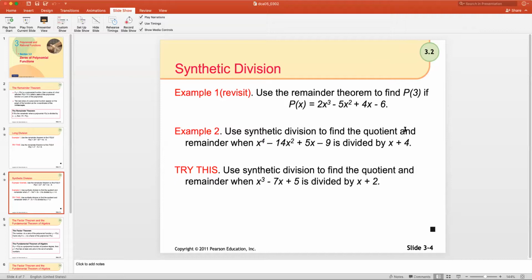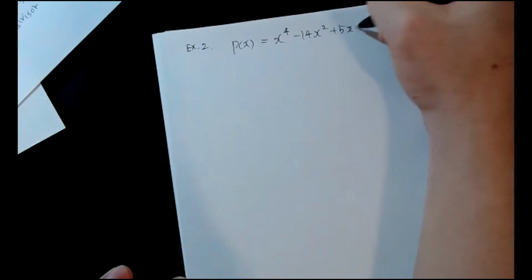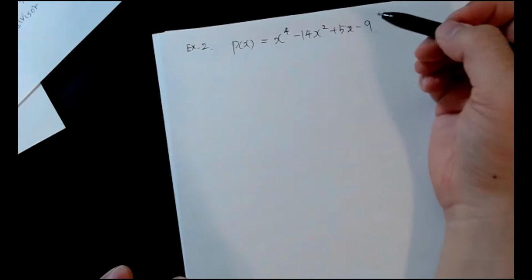Let me just tweak the problem. Let's copy example 2 from the textbook. Let's define p of x as x to the 4th power minus 14x squared plus 5x minus 9.